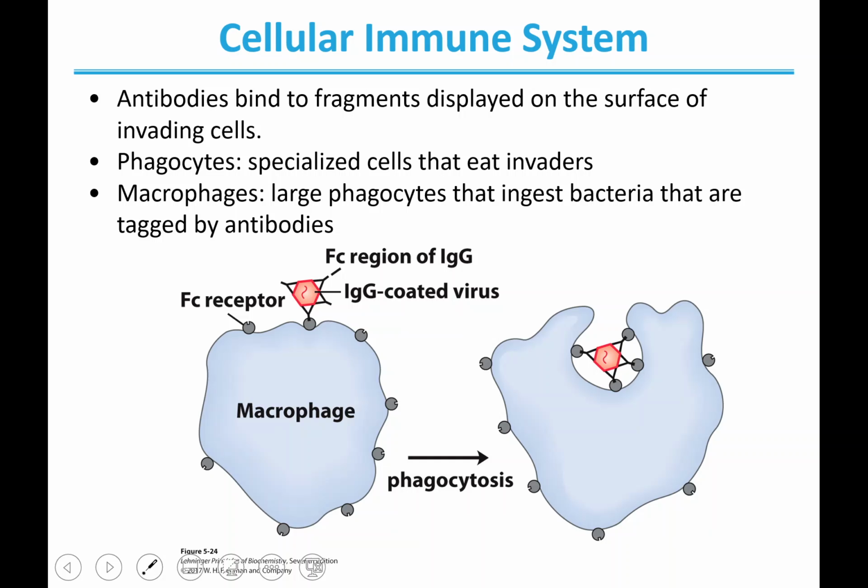And then they in a sense engulf the invading virus or bacteria, and digest them in a process known as phagocytosis. And macrophages are large phagocytes that can ingest things as big as a bacteria cell.